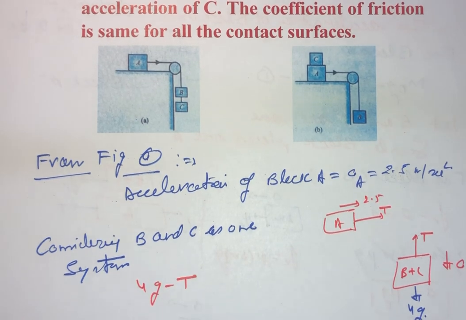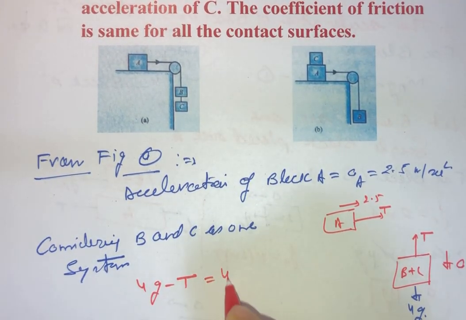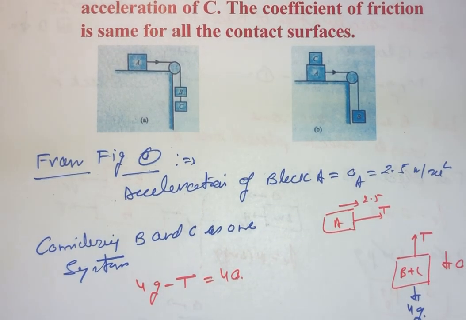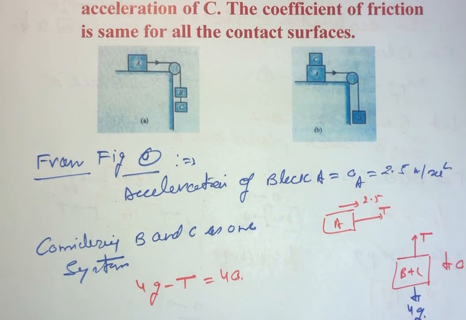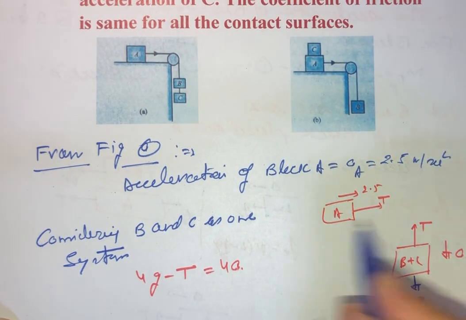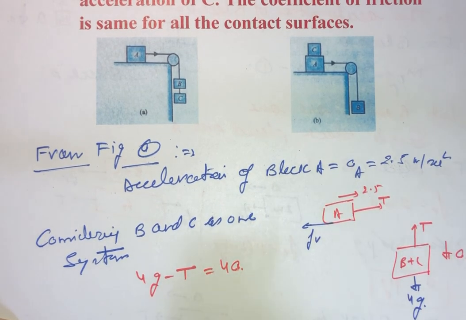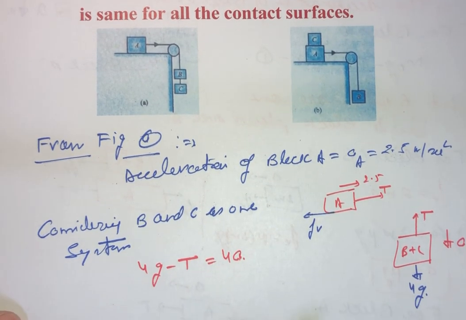minus T will be equal to 4a. And we already know the value of the acceleration. I forgot to mention, there is a friction force FR also.